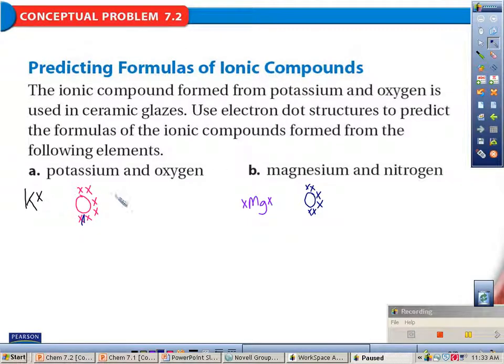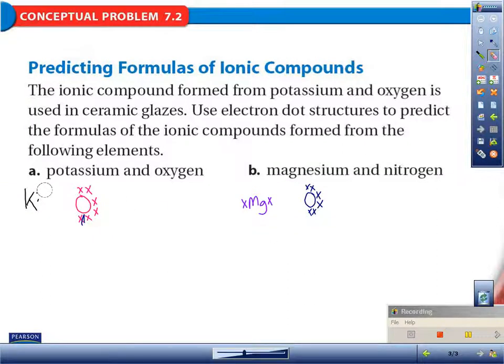Alright, so potassium's group 1, oxygen's group 6, so 1 electron, 6 electrons. Potassium doesn't want his, so he's going to give it to oxygen. Now oxygen has 7, but he wants one more, so we bring in another potassium who has 1 electron.